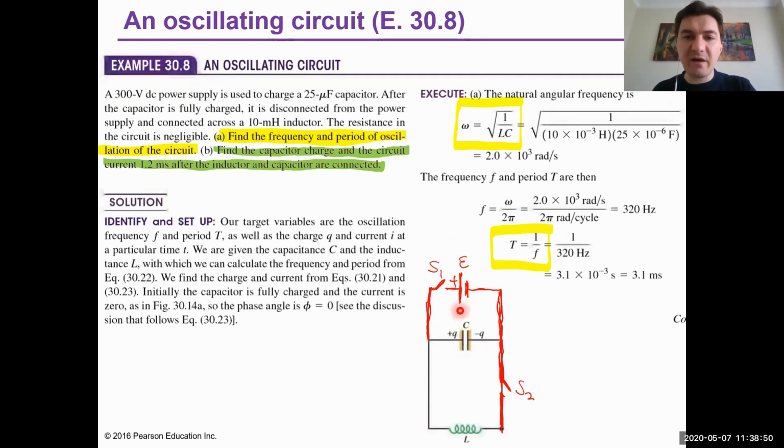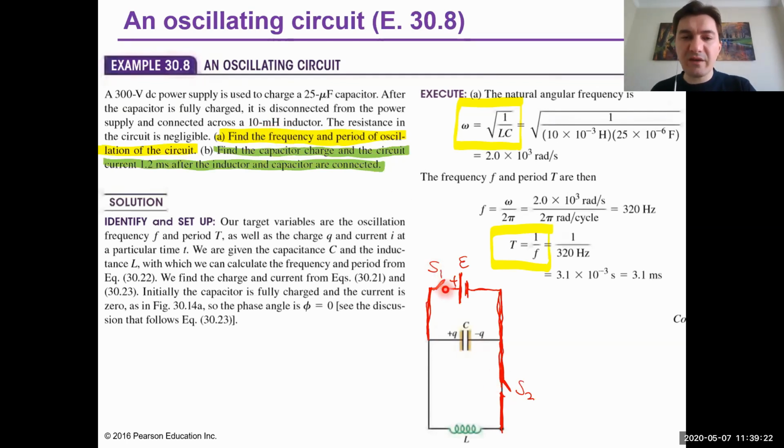So this EMF is used to supply power to that capacitor. The capacitance of the capacitor is 25 microfarad, which is given, and the EMF of the DC power supply is given by 300 volt. And when it is disconnected from power supply and connected across a 10 milli Henry inductor.